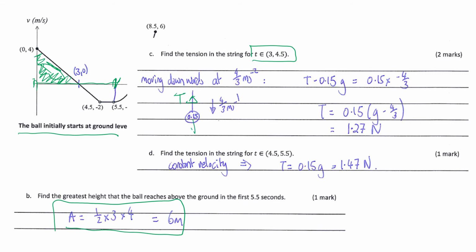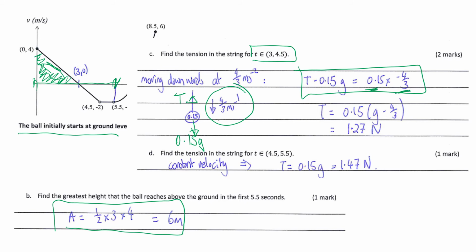We know there's mg, 0.15 kilograms times g, and it's traveling downwards with fixed acceleration. So it gives rise to this equation: T, the tension in the string, minus its weight force will be equal to m, mass, times acceleration, and it's negative because it is traveling downwards.